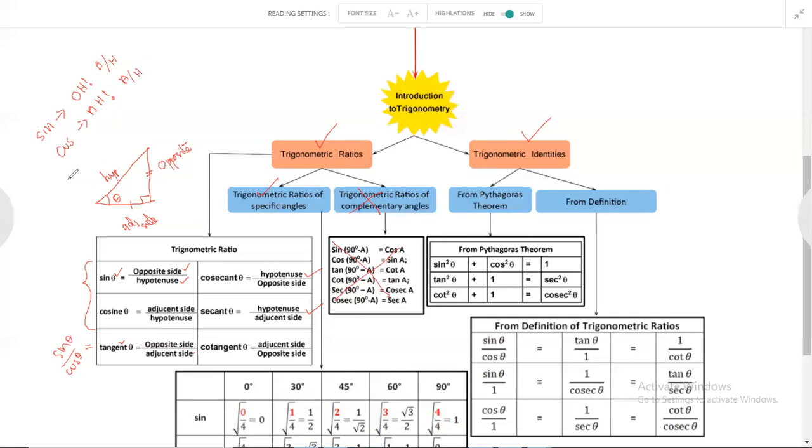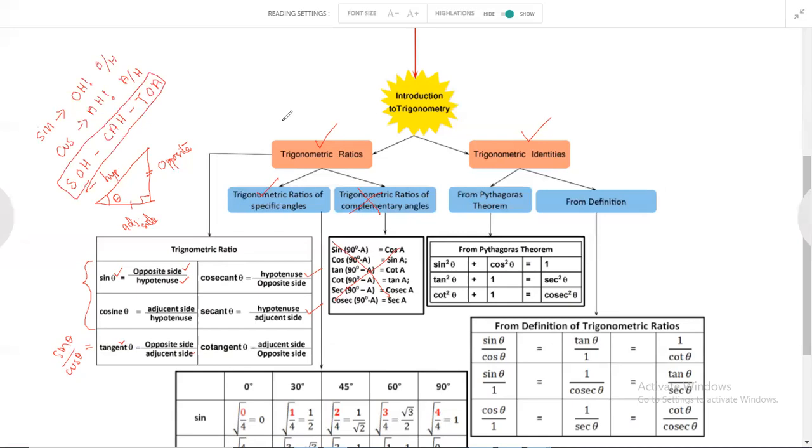So you can remember SOH, CAH, and for tan, it will come as TOA. This is all about the trigonometric ratios.